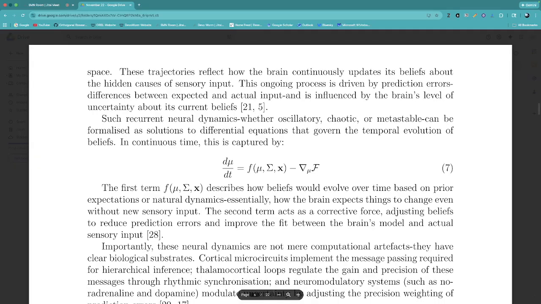They talk about different neural dynamics, these recurrent neural dynamics, which is how the brain deals with the production of predictions and the integration of evidence. They say such recurrent neural dynamics, whether oscillatory, chaotic, or metastable, can be formalized as solutions of differential equations that govern the temporal evolution of beliefs.